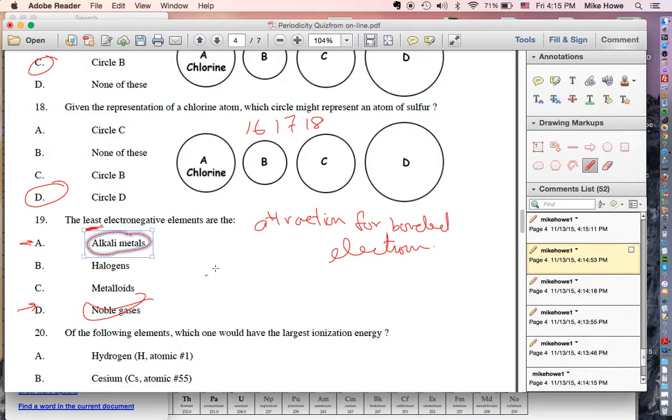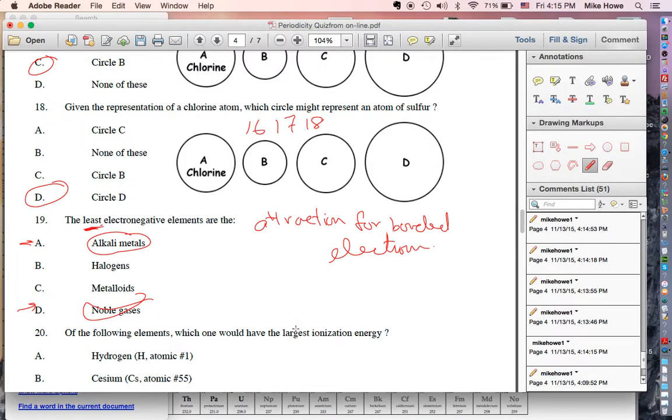Best answer is noble gases because they don't have an electronegativity, but alkali metals are the biggest atoms in the row, so they have the lowest electronegativity in the row except for the noble gases. Kind of rambled on that one, so sorry about that. Bottom line, I took either answer. Noble gases is the best. Alkali metals second best.